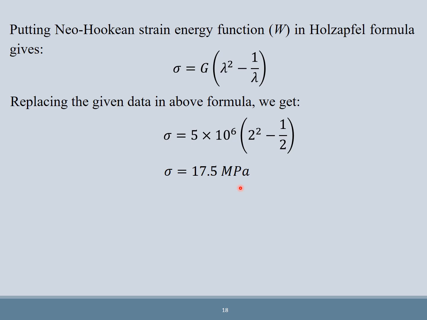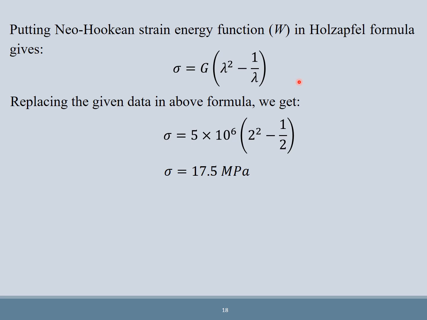The thing is, if it's not given in the problem, you have to derive the stress formula using the strain energy function. Number two, if you also derive the relationship of lateral stretch with axial stretch, it also gives you extra points, gives you full marks in this problem.